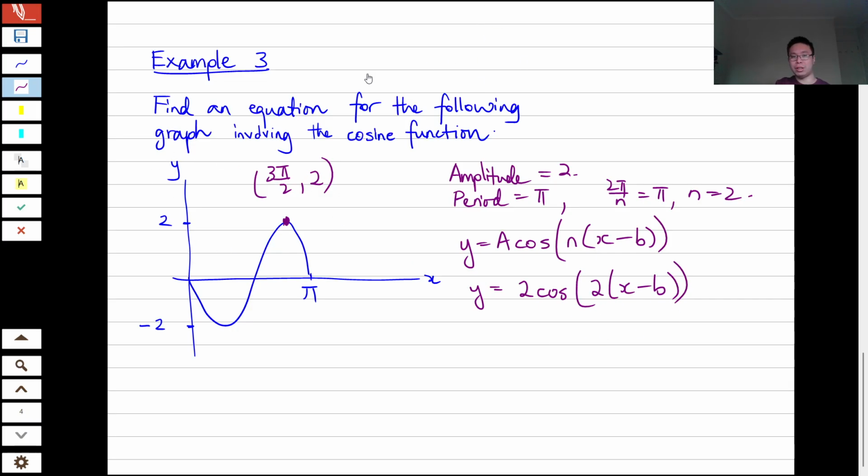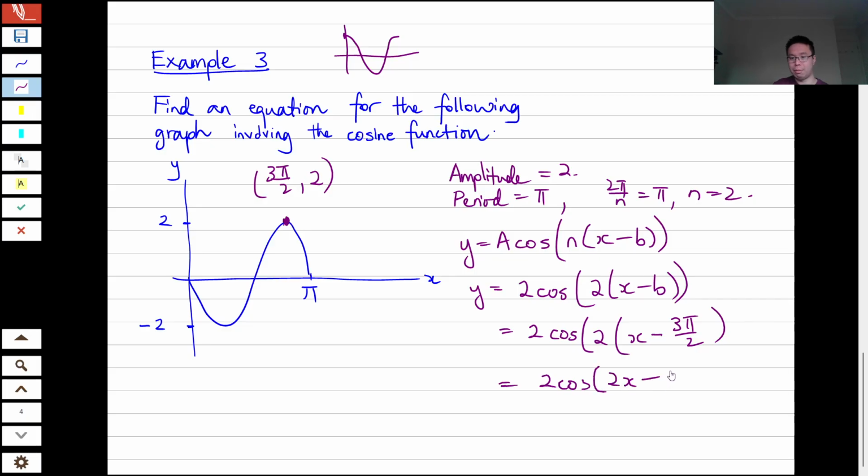And by inspection, the cosine graph starts at the maximum value when x equals 0. So here, imagine you started at 0 and then you shifted it 3π on 2 units to the right. It's the same as 2 cosine of 2 bracket x minus 3π on 2, which is 2 cosine of 2x minus 3π.